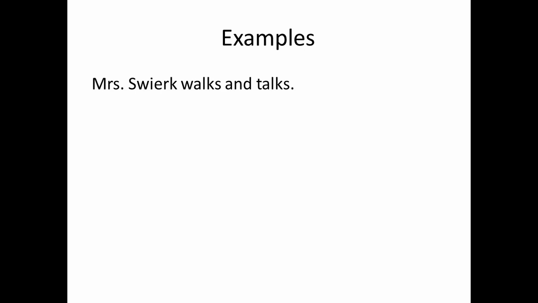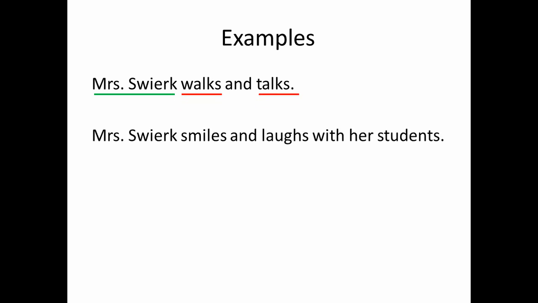Here are some examples. Mrs. Swerk walks and talks. Who is the sentence about? It's about Mrs. Swerk, but she's doing two things. She's both walking and talking. Mrs. Swerk smiles and laughs with her students. There's only one main noun. The sentence is about Mrs. Swerk, but there are two things that she does.